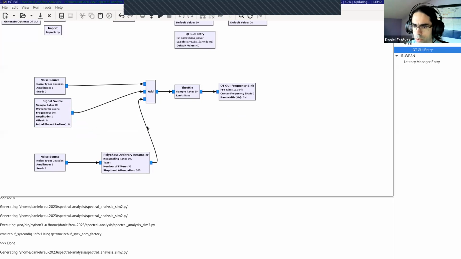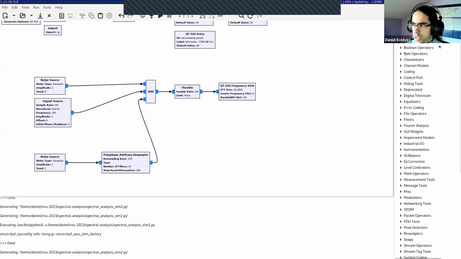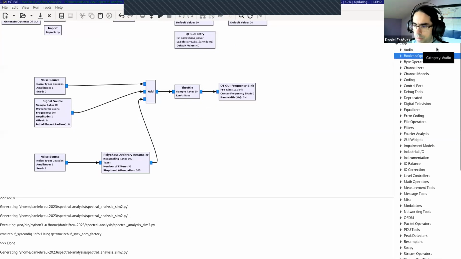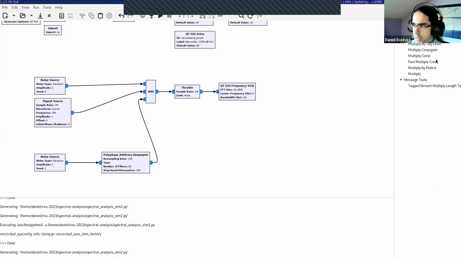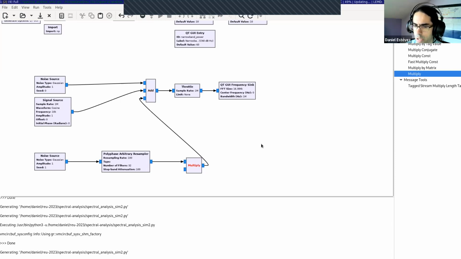Okay, if I want to move this noise signal in frequency to place it in a different location other than the center, there are multiple ways to do that. And one of those ways is to multiply the signal with a complex exponential. Because you might remember that if you multiply a signal with a complex exponential, then that is equivalent to a frequency translation on the frequency domain.